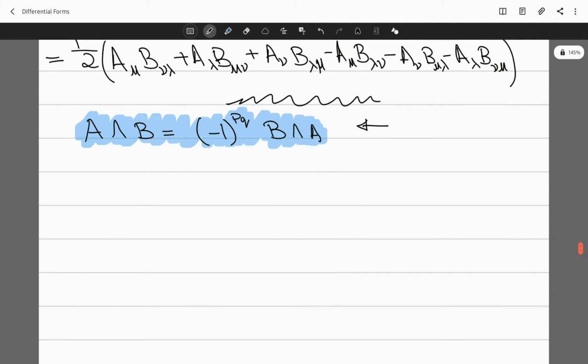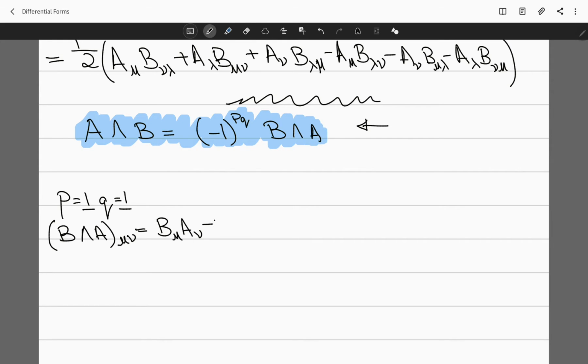So again, in our example, let's start with P is equal to 1 and Q is equal to 1. Now, in this case, if I am supposed to take B wedge A mu nu, I have 1 and 1, so I have 2 indices that are mu and nu. This would be equal to B mu A nu minus B nu A mu, right? According to this thing over here.